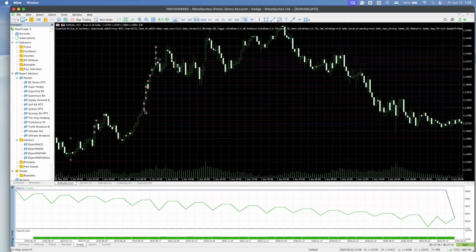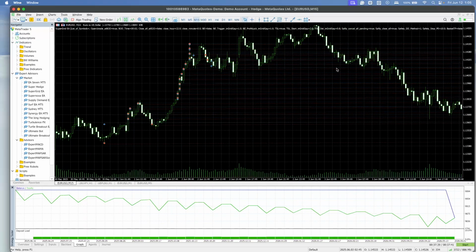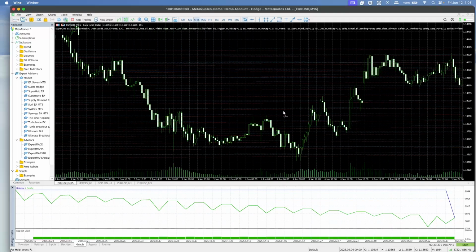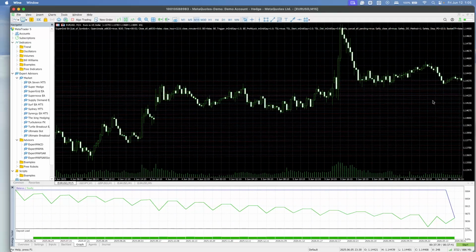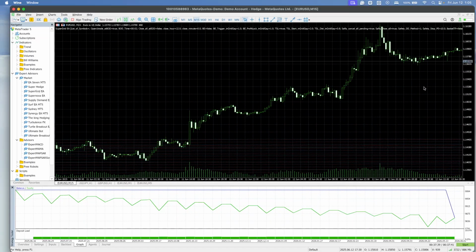And looking at the chart, see the kind of trades it takes. It's basically shorting, and the market is bullish, and it's shorting and shorting in hopes of recovery. Of course, this is the way grid works. And it kept on shorting, and it held on for days, for weeks, waiting to close out the position.